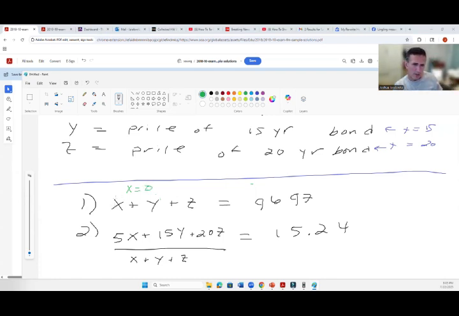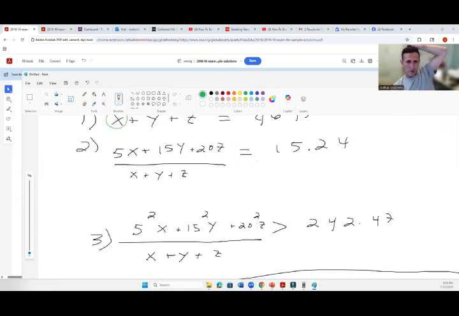So if this equals 0, that means y is 9697 minus z.